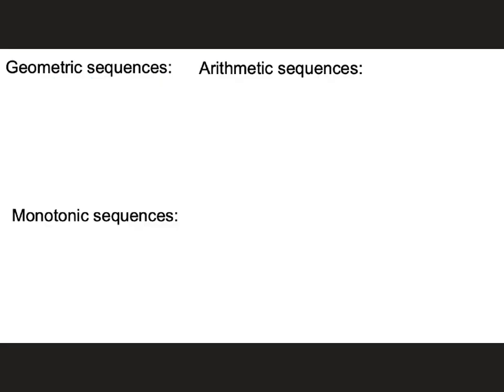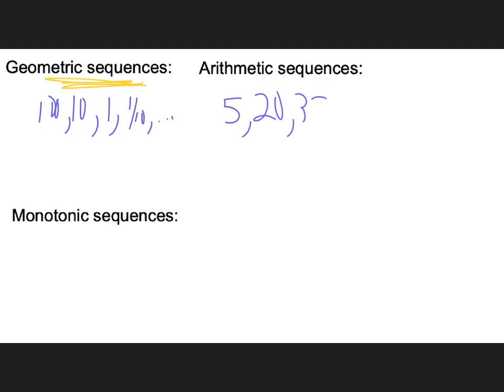All right, now generally we're going to talk about two different types of sequences here. We care most about these geometric sequences. So an example of a geometric sequence might be 100, and then 10, and then 1, and then 1/10, etc. An example of an arithmetic sequence might be 5, and then 20, and then 35, etc. So basically, the geometric sequence means we multiply by something each time.